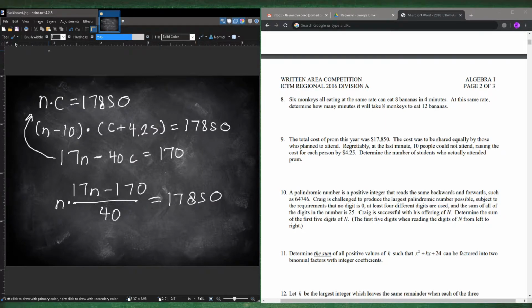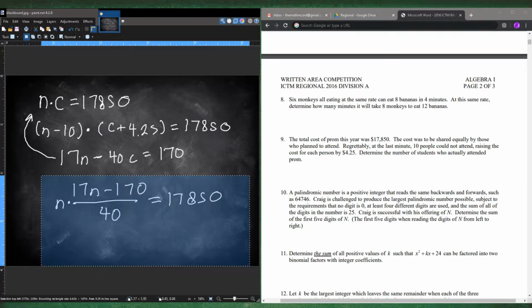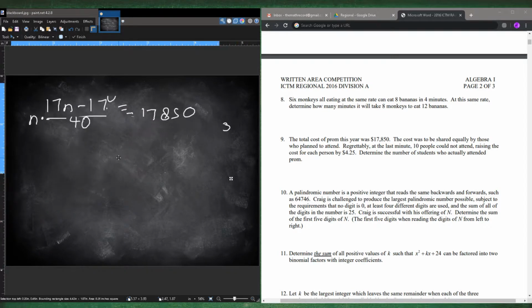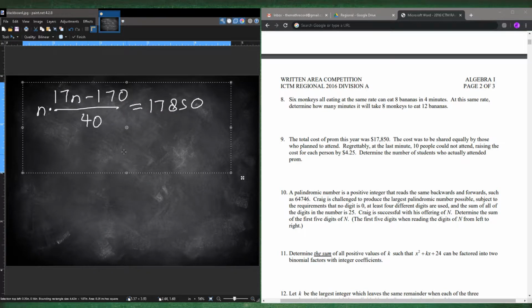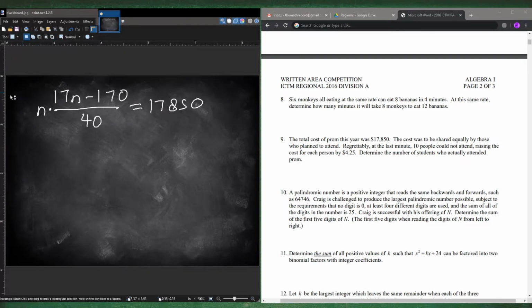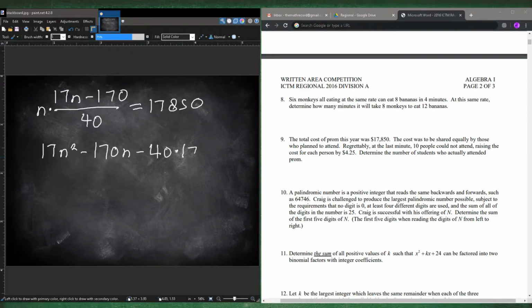So 17n times n is n squared, minus 170n, and then 40 times 17,850 subtracted. That's equal to 0.